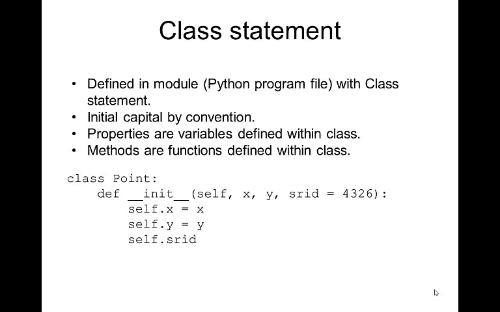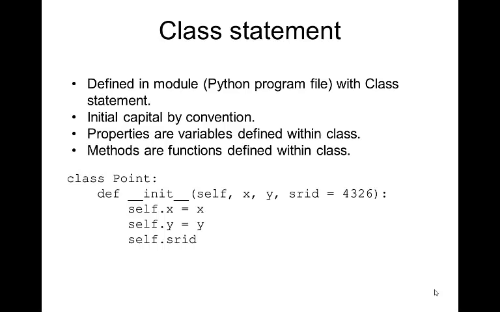So every time you make a new point, this initiation method runs. It's a function in a class. I may be calling it a function, I may be calling it a method, but as I said, methods are implemented in Python objects as a function embedded within the class definition.